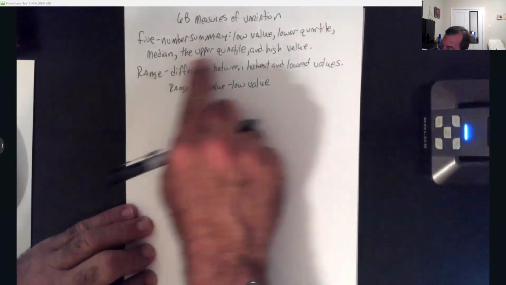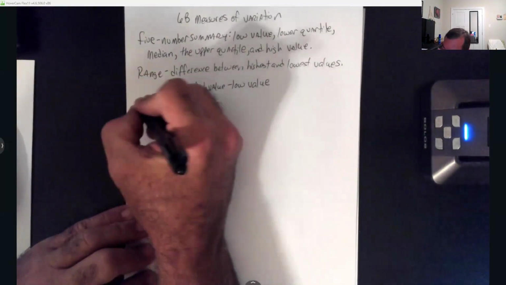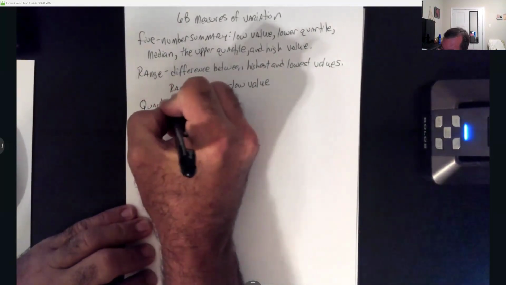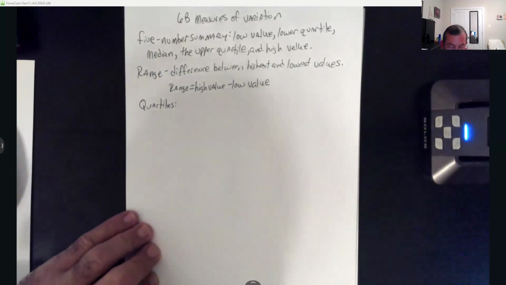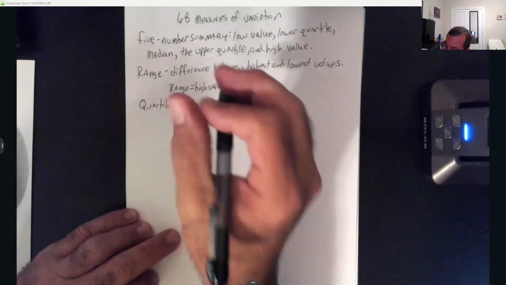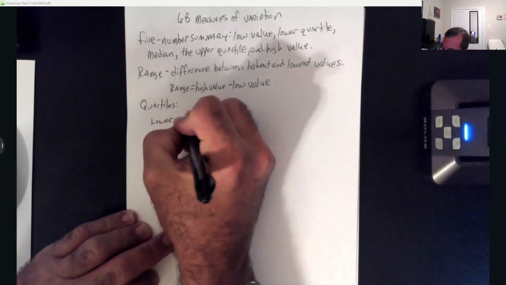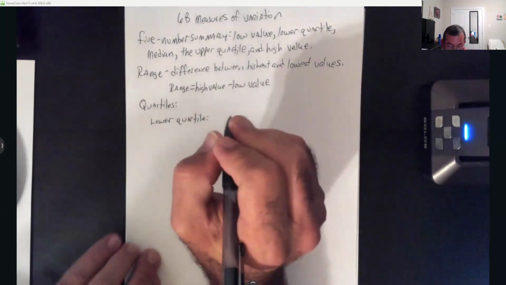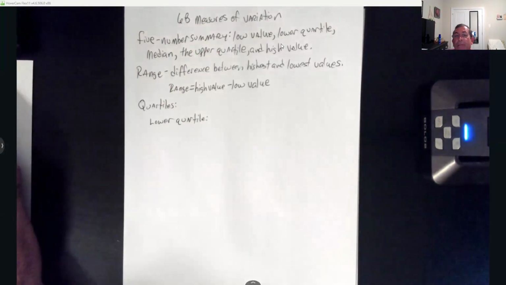Now we got words like lower quartile, upper quartile. So let me go through those. These are your quartiles. All right, so we got a lower quartile first. Really, when I think of quartiles, I'm thinking of stuff that they're splitting into fourths.